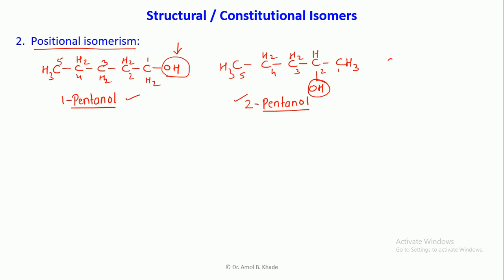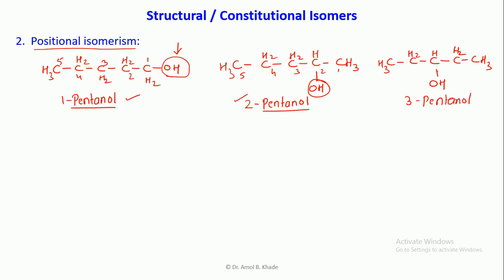Similarly, you can also make one more positional isomer of this pentanol, 3, 4 and 5. Instead of carbon 2, you can also attach at carbon 3. So this will be CH3, this will be CH2, this will be CH, this will be CH2 and this will be CH3. So this will now be 3-pentanol.